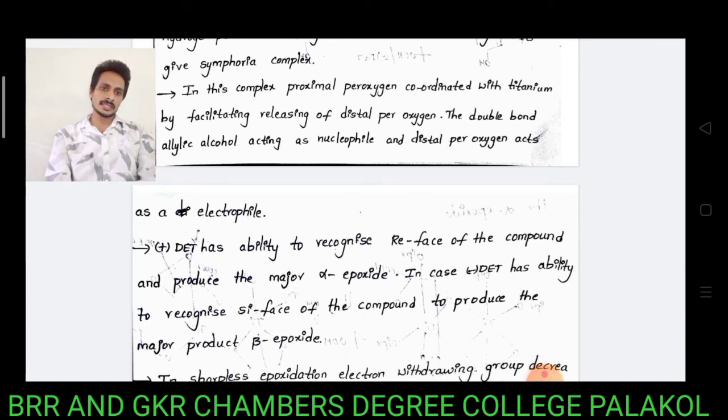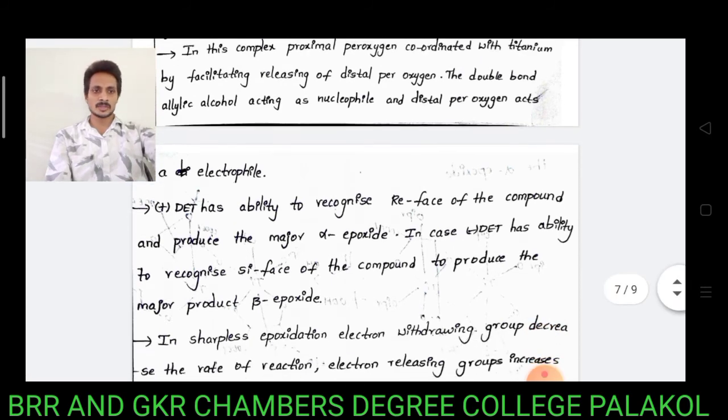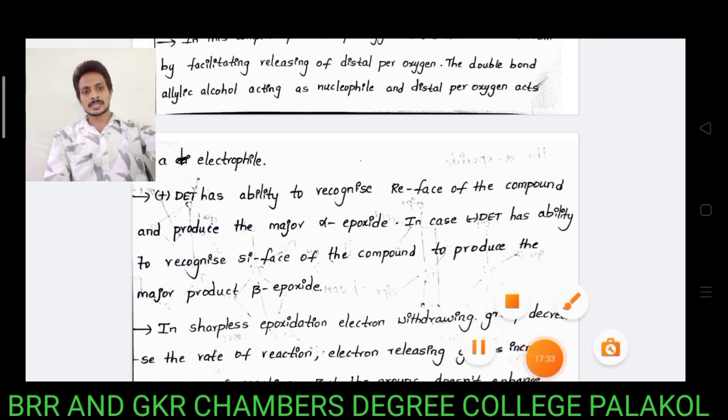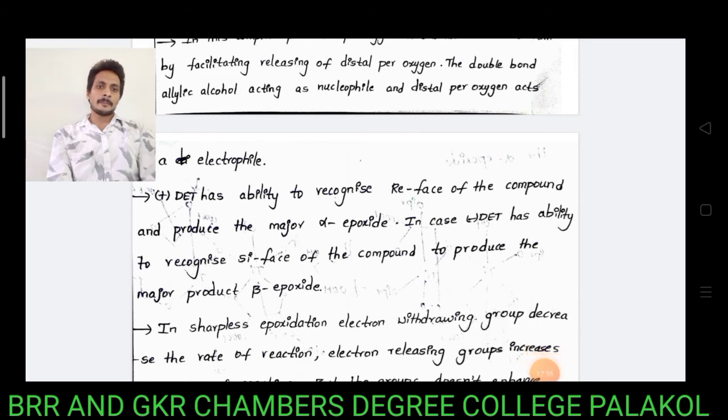It undergoes oxidation to give the corresponding alpha and beta epoxides. (+) DET recognizes the re face of the compound and produces mainly alpha epoxides. (−) DET recognizes the si face of the compound to produce mainly beta epoxides. I repeat once again: (+) DET recognizes the re face and produces mainly alpha epoxides, and (−) DET recognizes the si face and produces mainly beta epoxides.